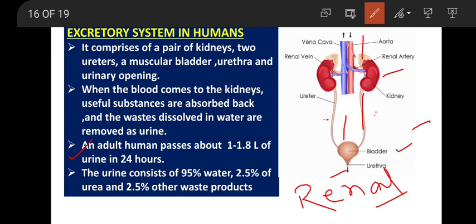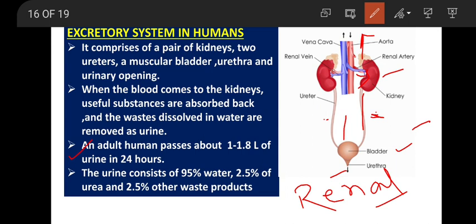Useful products go back and waste products get filtered. In the kidney, the waste products will dissolve with water. Those wastes dissolved in water pass through the ureters, these tube-like structures, to the urinary bladder. That waste we call urine.